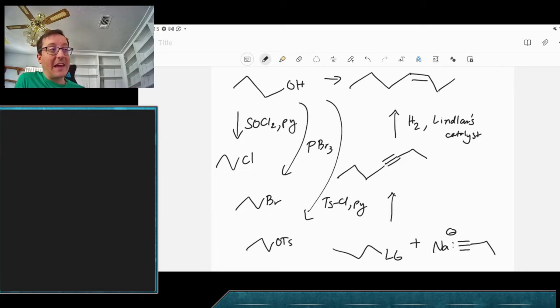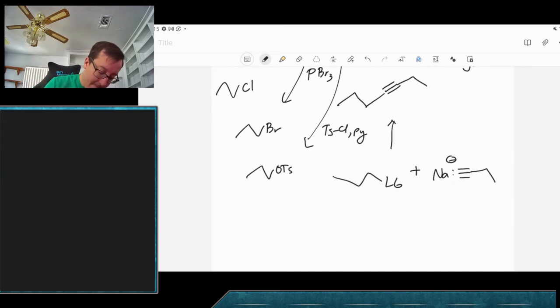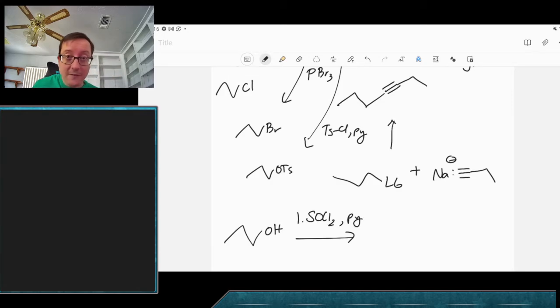And so that's the benefit of synthesis, is that you have many options. If we take any one of these things and combine it with the acetylide, we can get that to work. So step 1, I want to use the thionyl chloride and the pyridine because I felt like it. I could use the PBr3, I could use the tosyl chloride, doesn't matter. Next, we're going to use our acetylide.